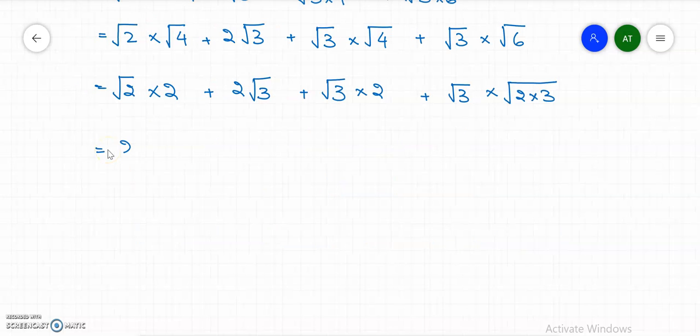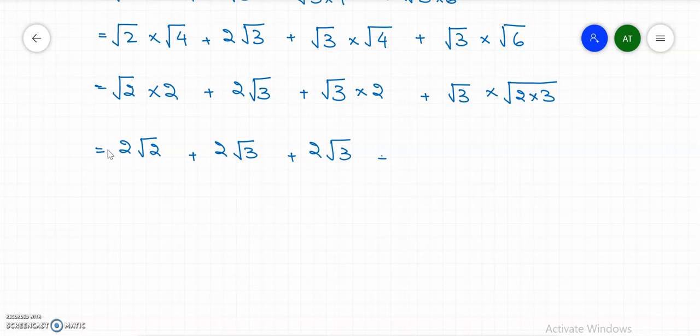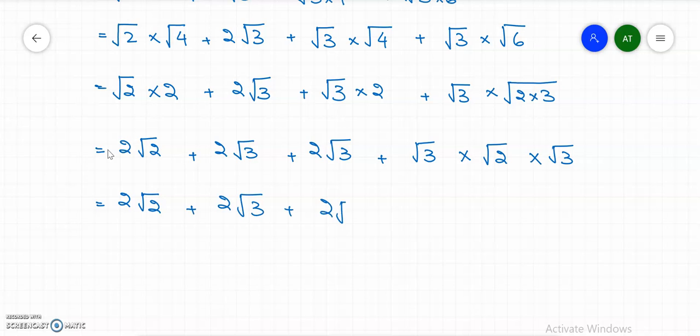It would be 2 square root of 2 plus 2 square root of 3 plus 2 square root of 3 plus square root of 3 times square root of 2 times square root of 3, right? Now we need to add them up. So we have 2 square root of 2 plus 2 square root of 3 plus 2 square root of 3 plus square root of 2, and combine square root of 3 times 3.